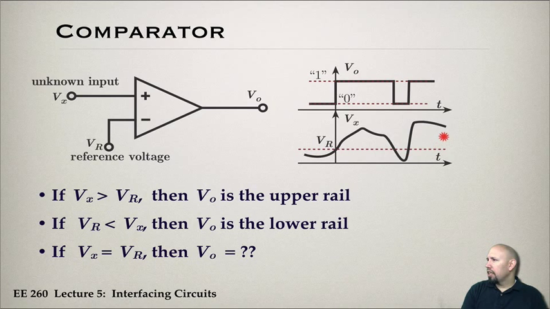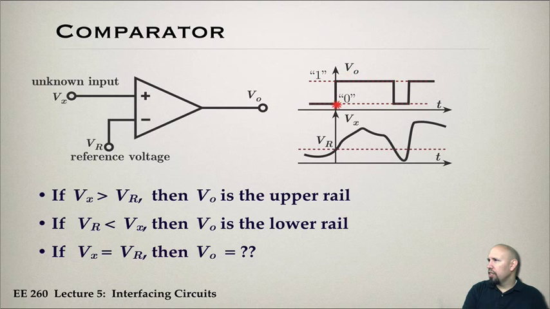Okay, so let's take a look at what's going on. Here is an analog voltage that's coming in, and Vr is the reference voltage, that's this dashed line here. Notice that when Vx, which is this analog signal, is less than Vr, we get the lower rail.